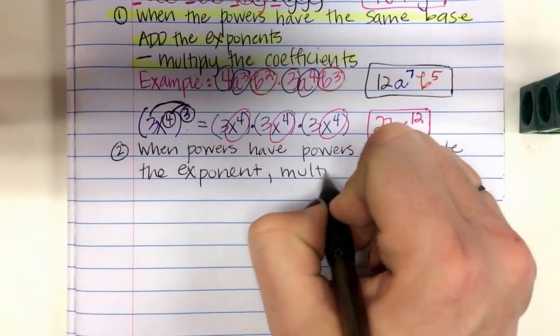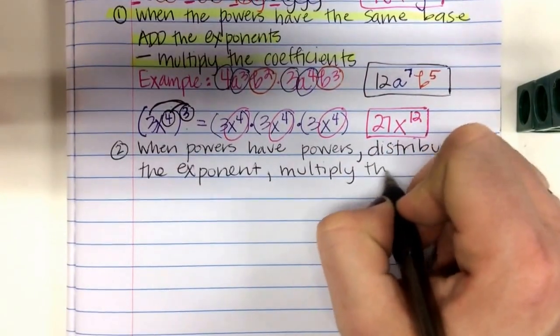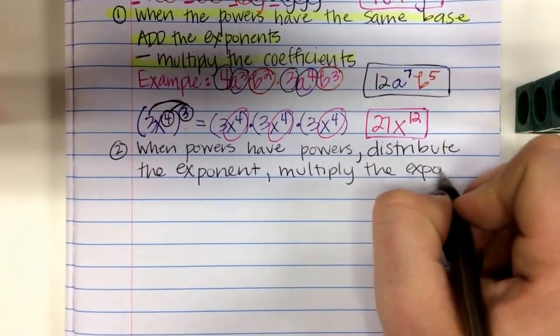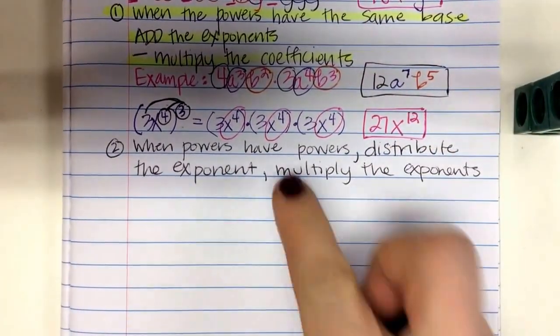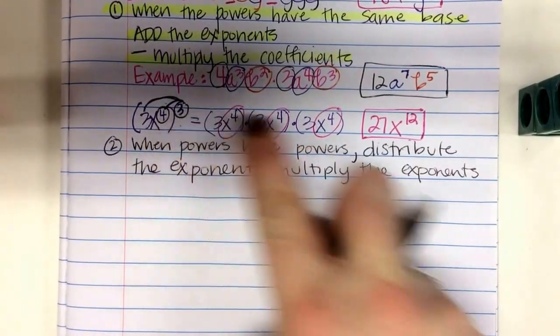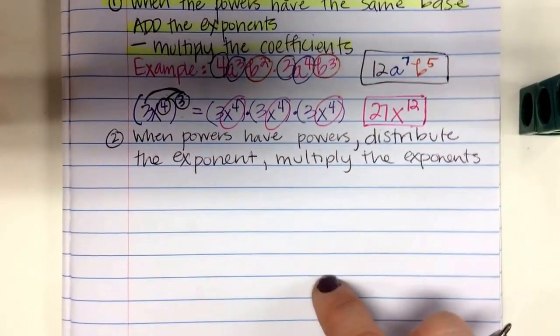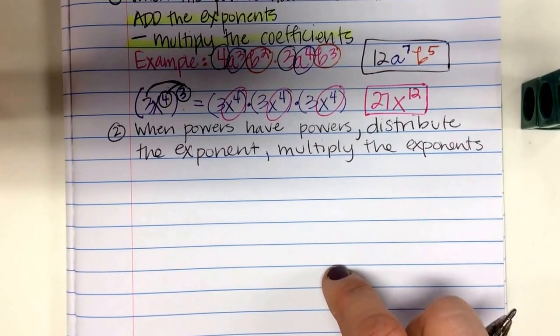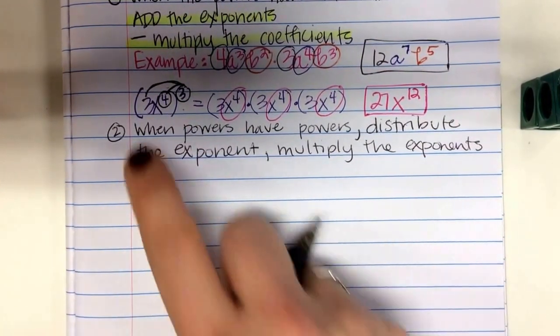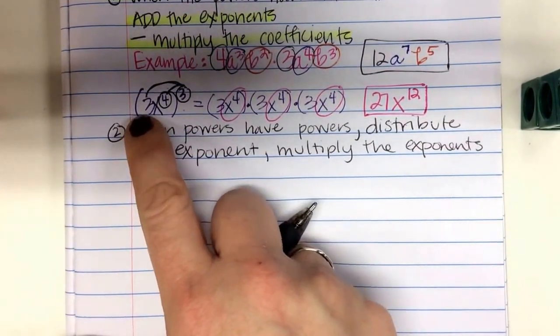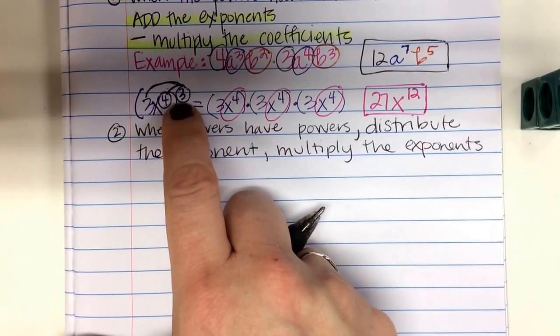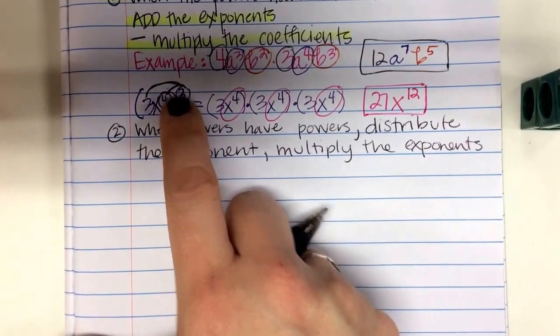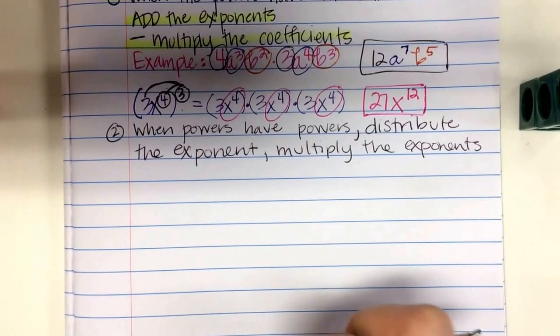Multiply the exponents. 4 times 3 is 12. And 3 to the third power, 3 times 3 times 3, is 27.